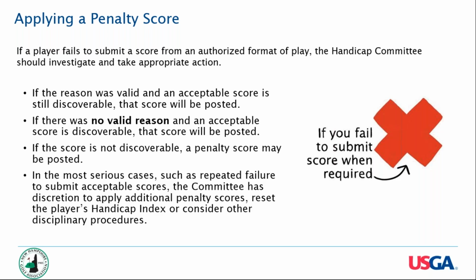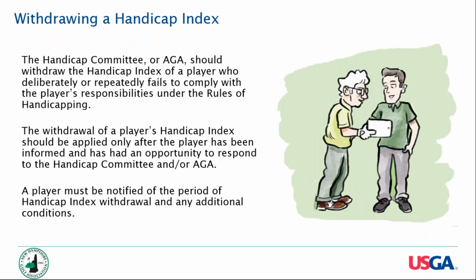In most serious cases, such as repeated failure to submit acceptable scores, the committee has the discretion to apply additional penalty scores, reset the player's handicap index, or consider other disciplinary procedures, such as withdrawing a handicap index. The handicap committee or the AGA, so the NHGA, should withdraw the handicap index of a player who deliberately or repeatedly fails to comply with the player's responsibilities under the rules of handicapping.